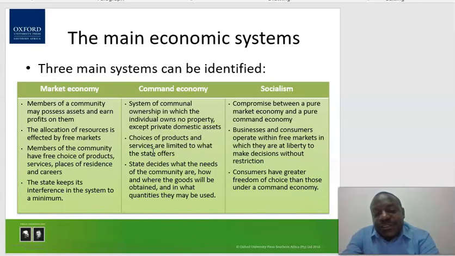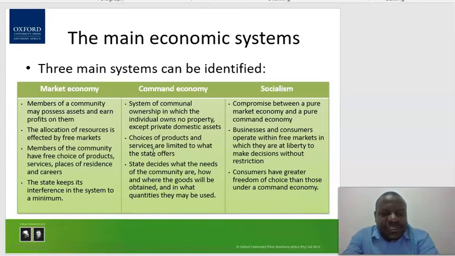The allocation of resources is effected by free markets. Basically, demand and supply and their effect on price is what we talk of in the free market system or in the market economy. The state keeps its interference in the system to a minimum.